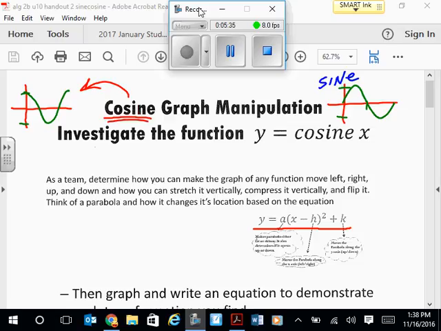Oh, that's why it's that. Yeah, you're right, Tesla. This thing is for the parabola, the way they have it written. Actually, let's go ahead and write this. Y equals, a is still there, but this x part is going to be cosine.